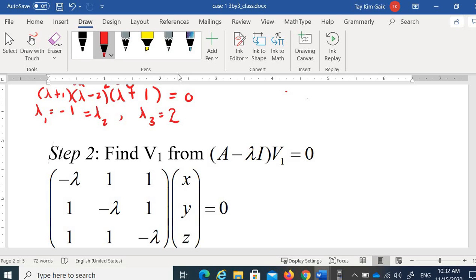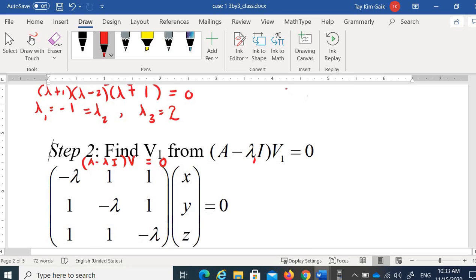So this is (A minus lambda I) V equal to 0. You plug in lambda 1 equal to negative 1. Plugging in negative 1 for lambda, all the main diagonal entries become 1.